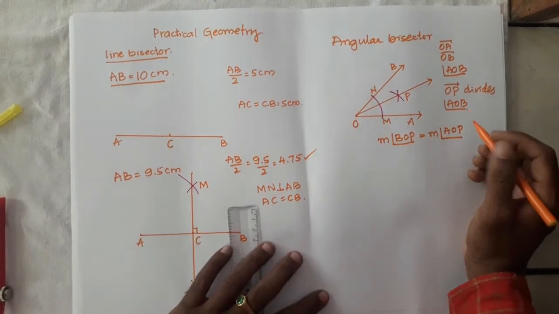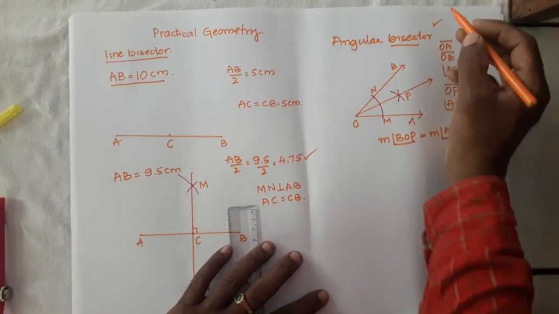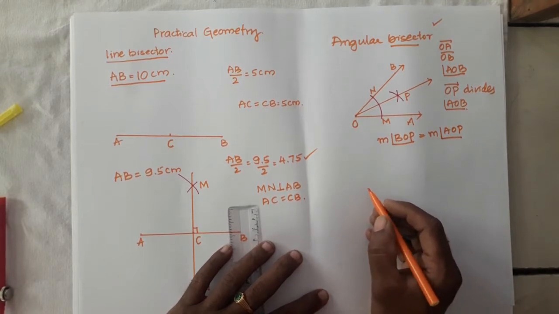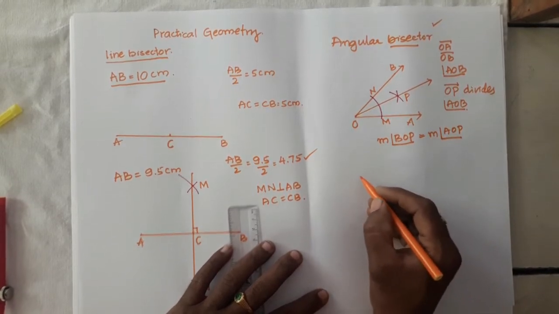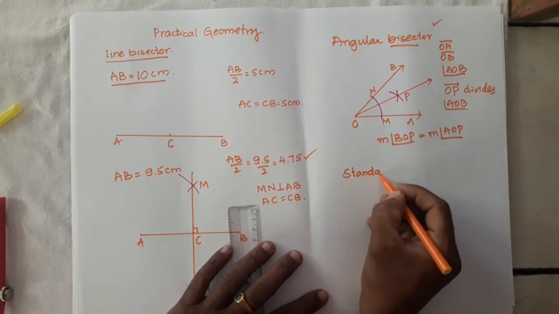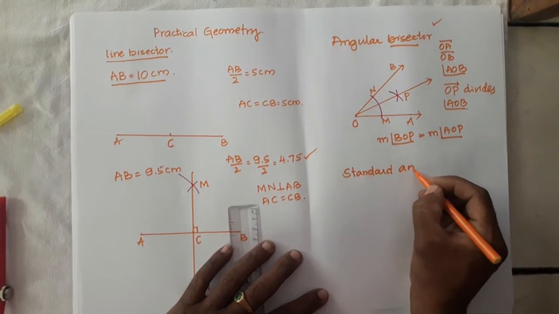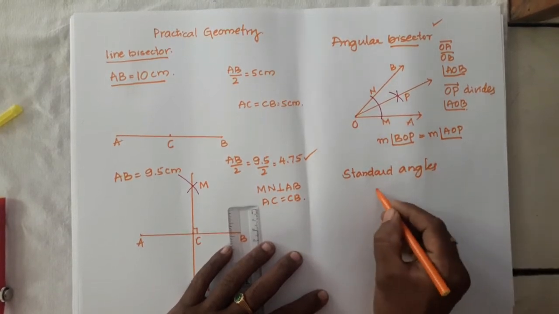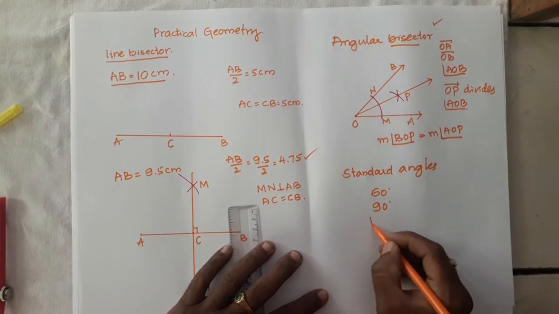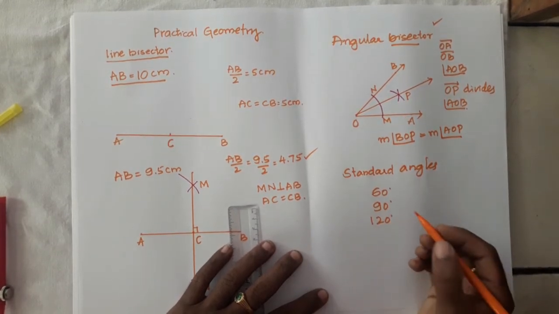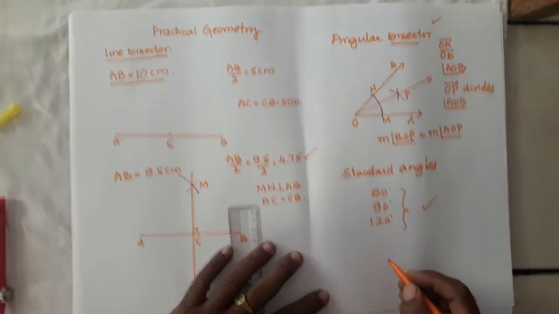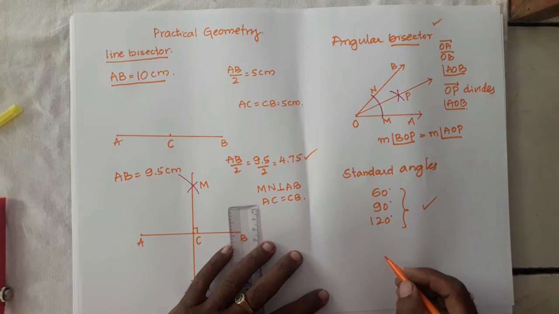What is the use of learning this angular bisector? Without using a protractor, we can construct a few of the angles. They are the standard angles. The angles like 60 degrees, 90 degrees, 120 degrees are the standard angles which can be constructed using a compass.